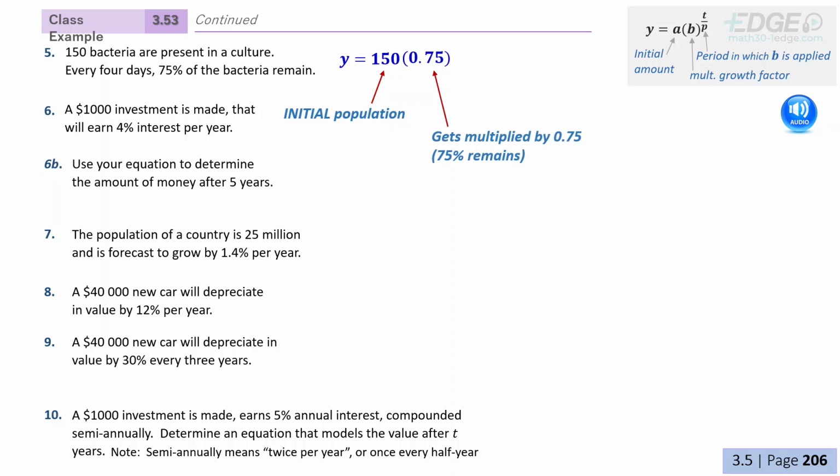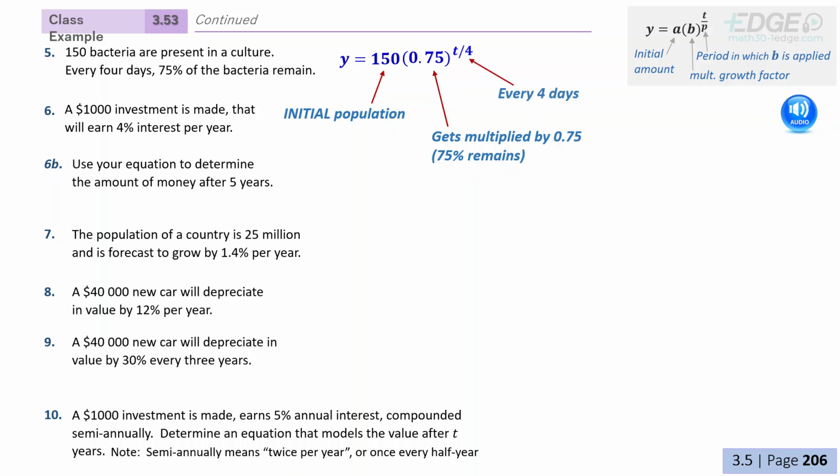So we're going to see below, like some of the questions that we have a little later on, that the remain is a big word there because our multiplier will be 0.75 because I actually want 75% to be there. That would be different if it said is reduced by 75%, right? Because that would be only left with 25%. So just careful on the wording is really why I bring that up.